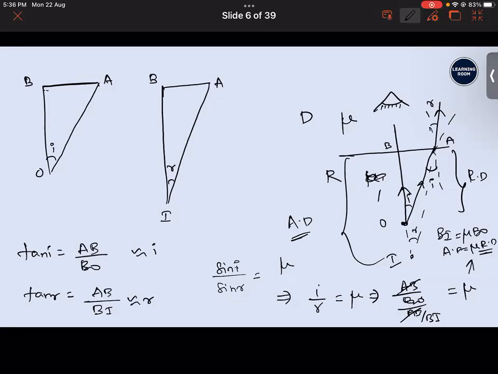We get apparent depth as mu times real depth. The logic is very simple. What did I tell you mu is? It is always a value greater than 1. If you take the ratio of apparent depth by real depth, you will get a value greater than 1 or less than 1.